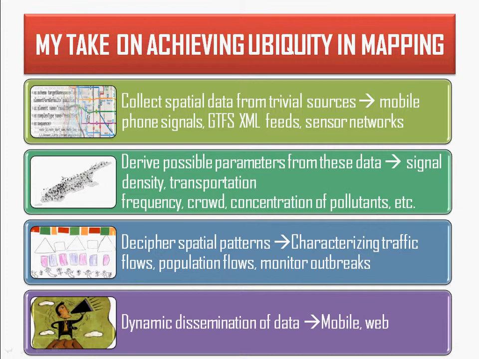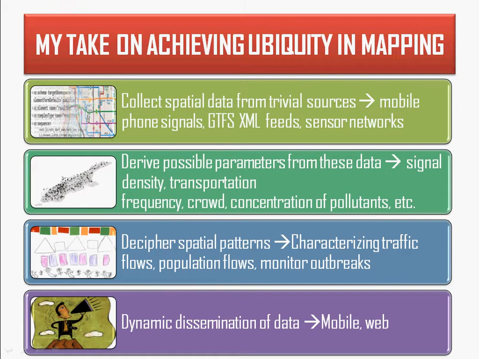Let me explain one of my principal areas of research interest, that is my opinion on how to achieve ubiquity in mapping platforms. This basically involves collection of spatial data from various trivial sources such as mobile phone signals, GTFS XML feeds, sensor networks, etc., deriving useful parameters such as signal density, transportation frequency, crowd, concentration of pollutants, etc. But the real challenge is to decipher useful spatial patterns using maybe regressive statistical testing and topological or network analysis.